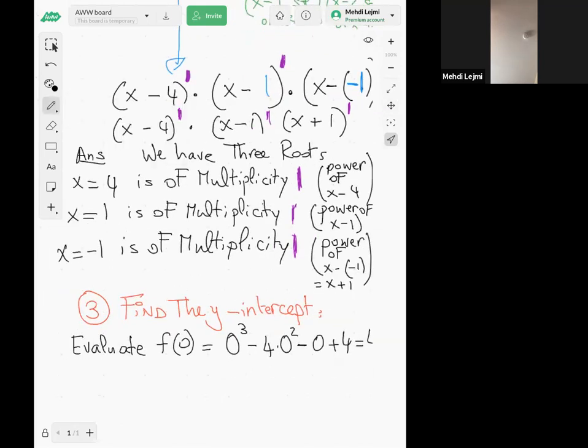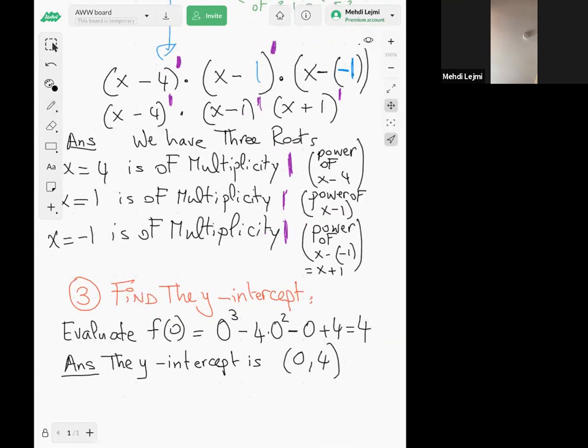So the y-intercept is 0, 4. Because the answer is 4, we got 4 here in the y coordinate, and the x coordinate is always 0 in the y-intercept.